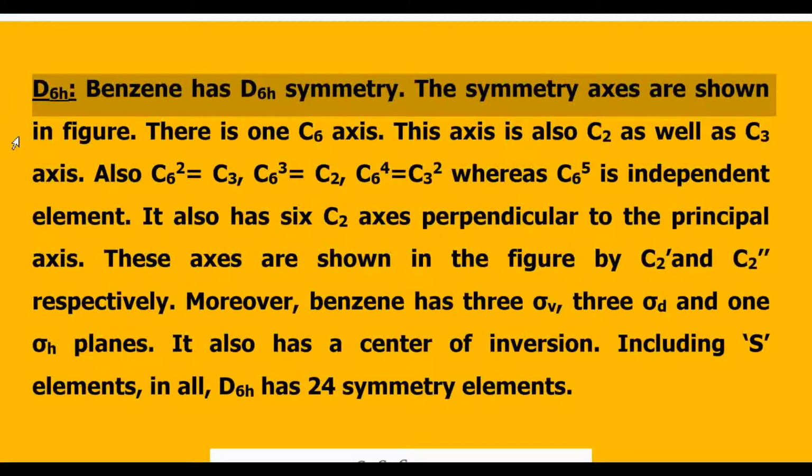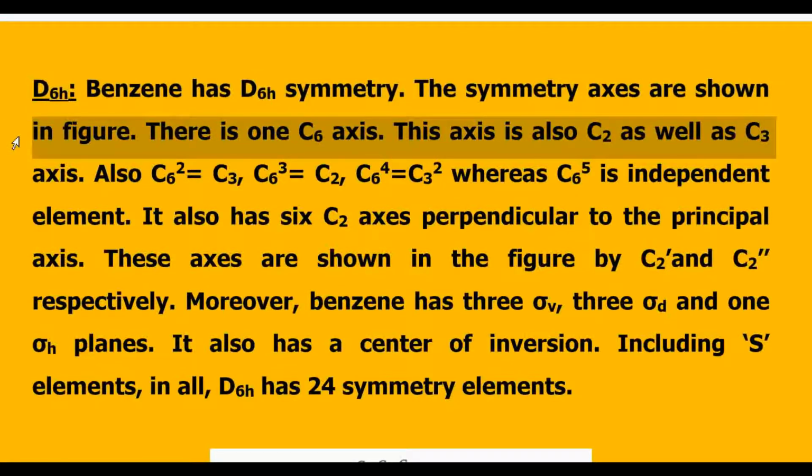The symmetry axis I will show in the figure. So there is one C6 axis, and the C6 axis is also a C2 axis, and it is also a C3 axis. I will show you how.